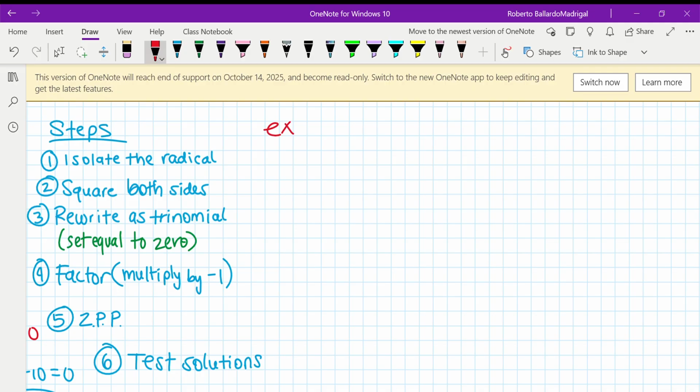But you guys can rewrite the steps if you need to. Your next example is the following. It's radical 11 minus 2x minus x equals 4. Negative 4, sorry. Negative 4.